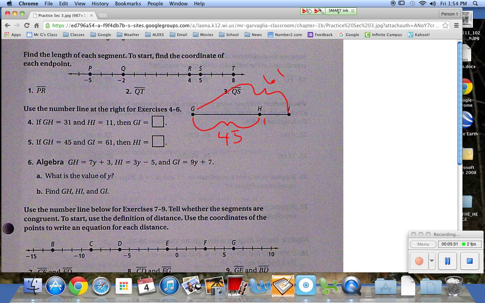I want to find out what this one is right here. What would you subtract? 61 minus 45. And what does that come out to? 16. Okay? So this in here would be 16.